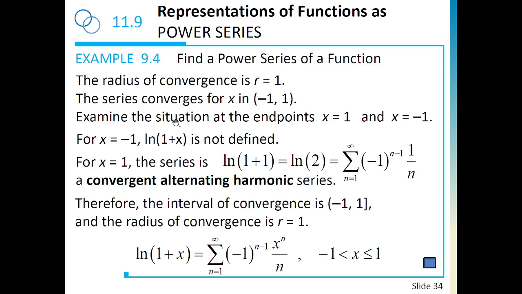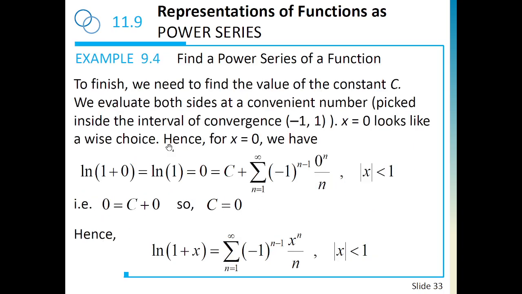So let's examine the situation. Now first observation is at x equal negative 1, ln(1 + x). If I replace x by negative 1, I have ln 0, which is not defined. Right? This equality needs to hold. For that to be true, this expression needs to be defined. So as a result, I need to get a number.